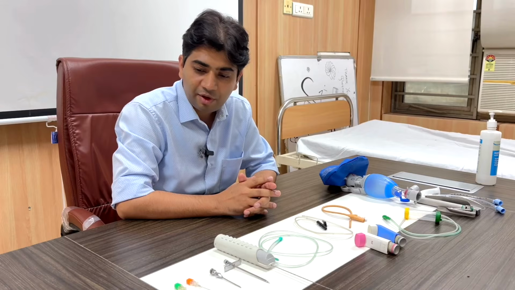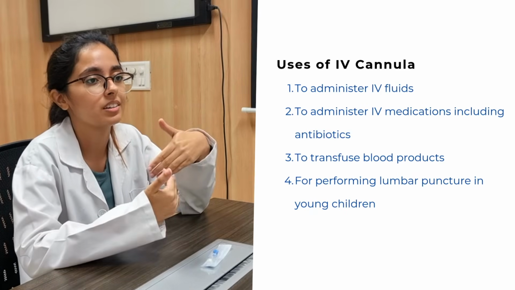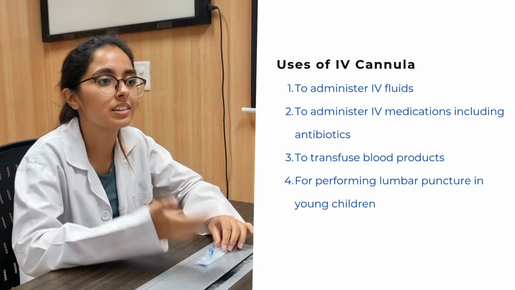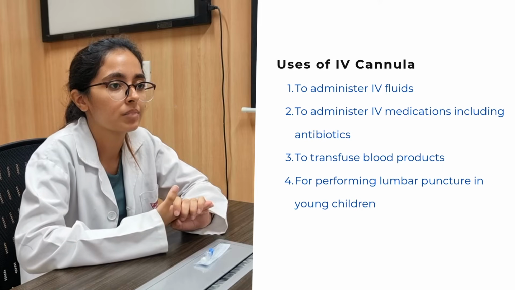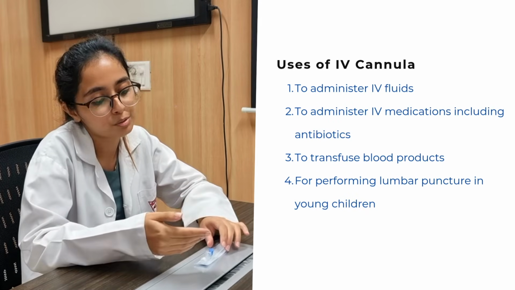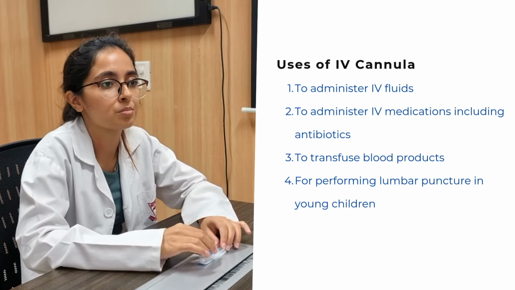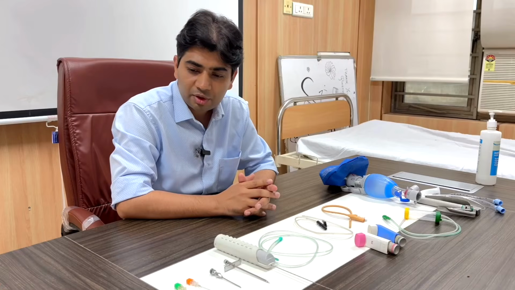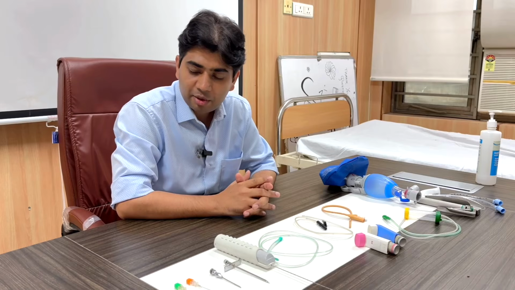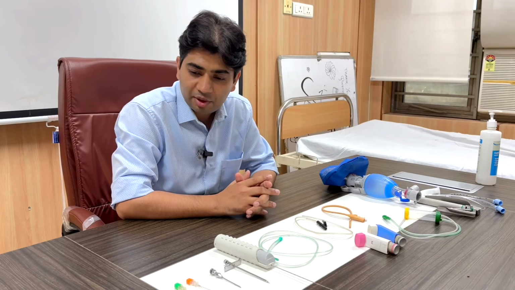Okay. And where do we use these IV cannulas? So they are mainly used to provide IV fluids and IV medication, including certain antibiotics also. And it can also be used to transfuse blood products in patients and perform lumbar puncture in very young children. Okay, so when you have already inserted an IV cannula in a patient, what are the things you should be watchful for?